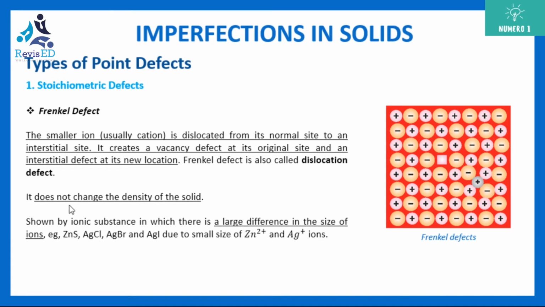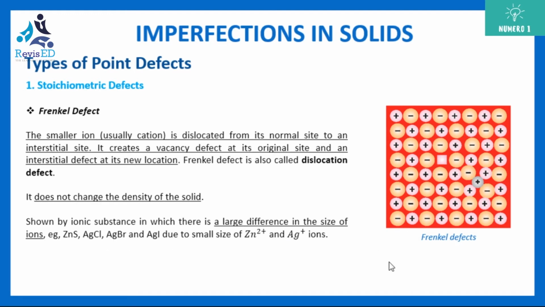Important here is that this does not change the density of the solid. It arises where a large difference in size of ions is present. Examples: ZnS, AgCl, AgBr, AgI, due to the small size of cations. Just focus on AgBr because this is an important one.